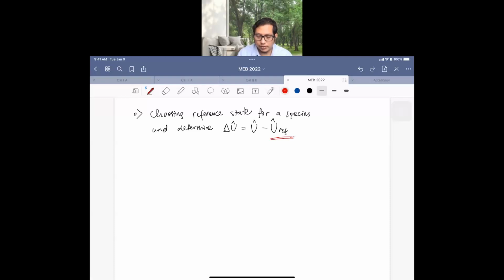So it is important to take the reference data. And if we set the specific internal energy for the reference equal to 0, then we know that the delta will be equal to the one that we are going to find.